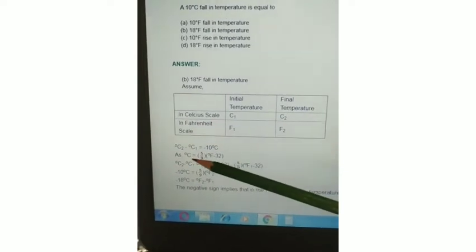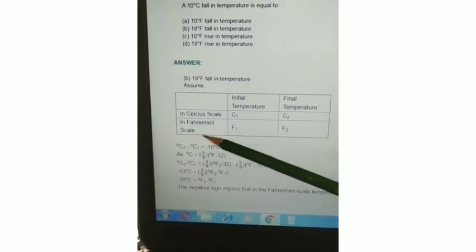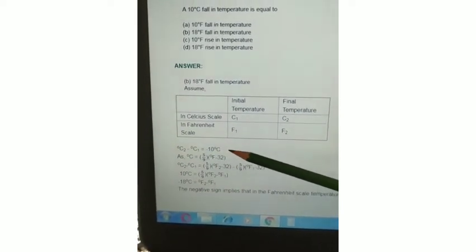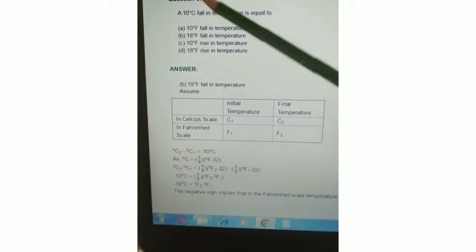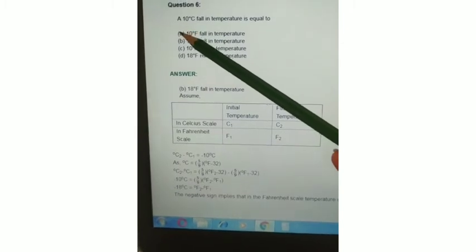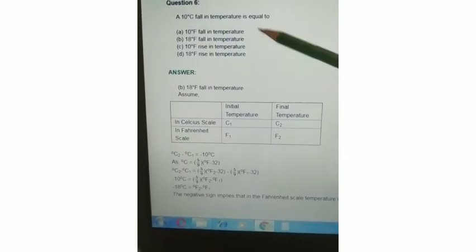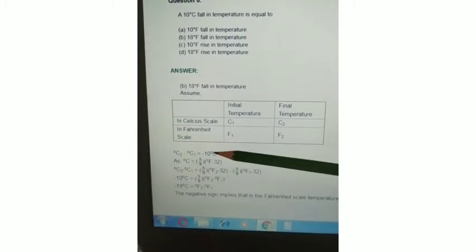So if we use the formula that we have learned in our video, C2 minus C1 is equal to minus 10 degree C. Why am I using 10 degree C here? Because student, they have already given that a 10 degree Celsius fall in temperature is equal to this.